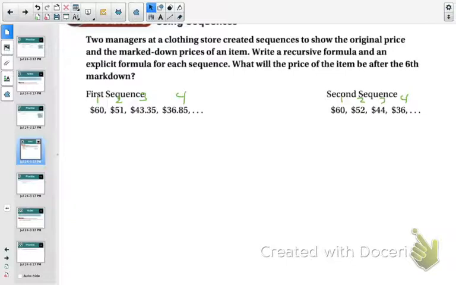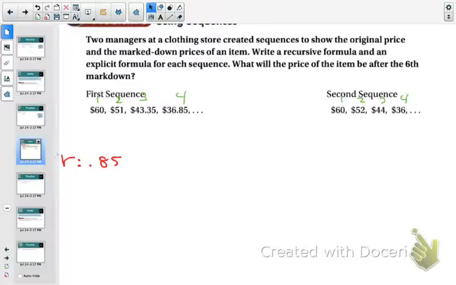So if we look at this one, to find your common ratio, you're going to take this and divide it by the previous term, which is 60. So 51 divided by 60 gives us 0.85. We need to make sure that's the same for all of these. So I'm going to take the next one: 43.35 divided by my previous term of 51, which is also 0.85, so that checks out.